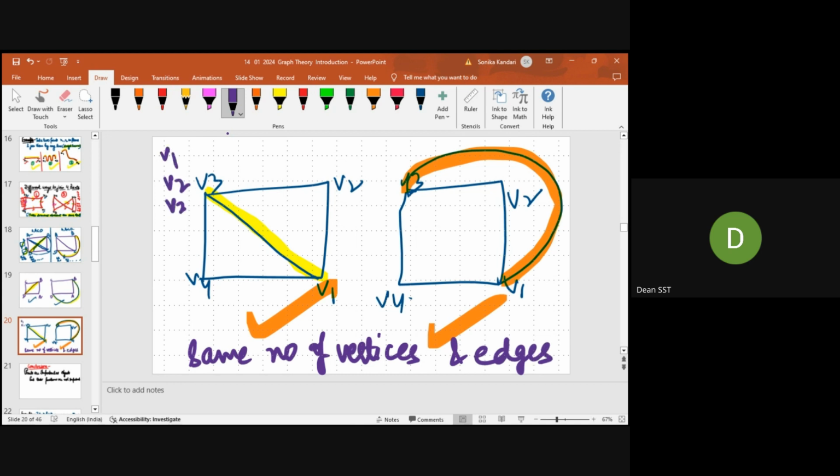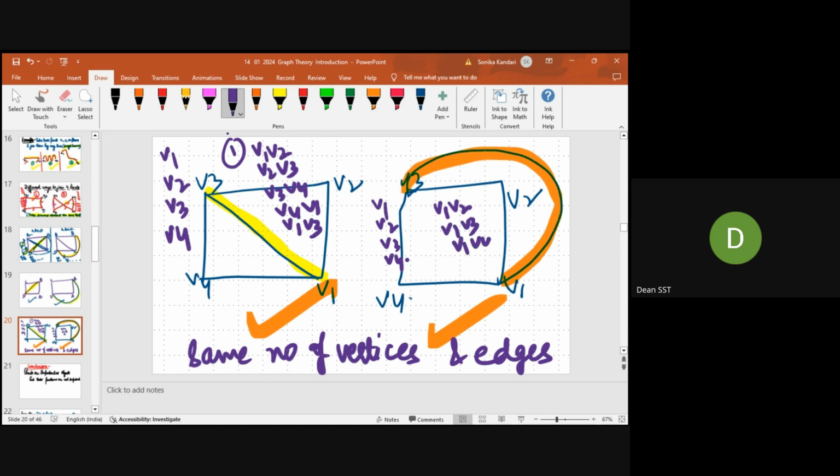V1, V2, V3, V4 are vertices. Here also V1, V2, V3, V4 are vertices. Here the edges in the first figure are V1 V2, V2 V3, V3 V4, V4 V1, and V1 V3. Here also we are having edges V1 V2, V1 V3, V1 V4, V4 V3. Is it clear? Yes, ma'am. Both are same.